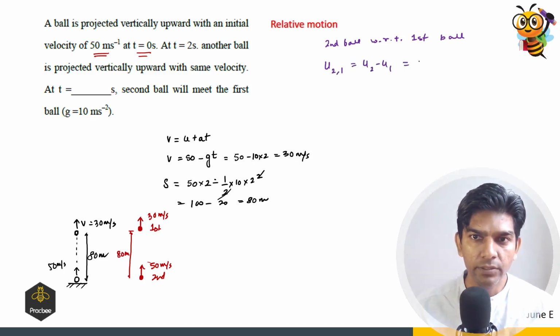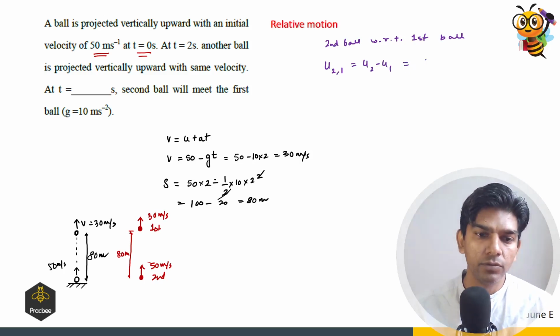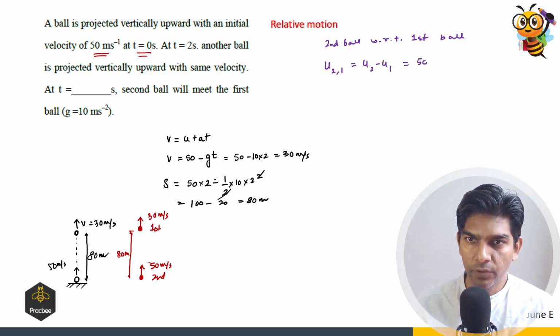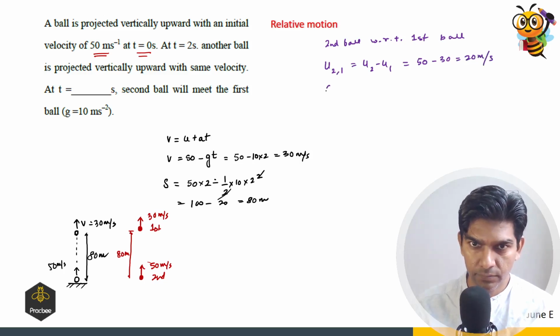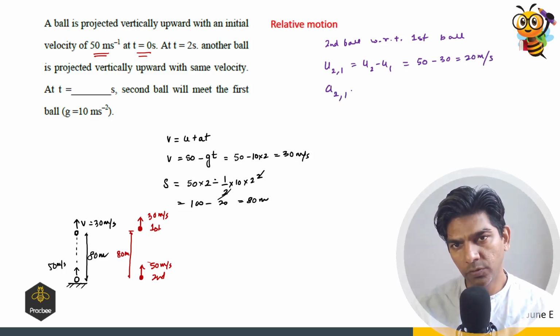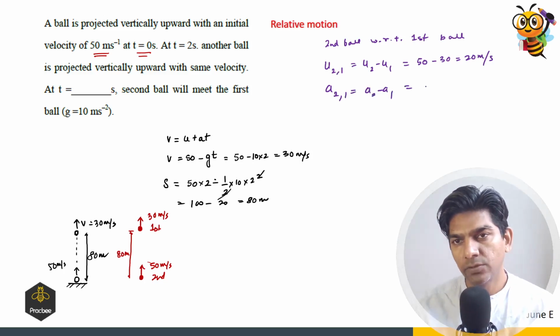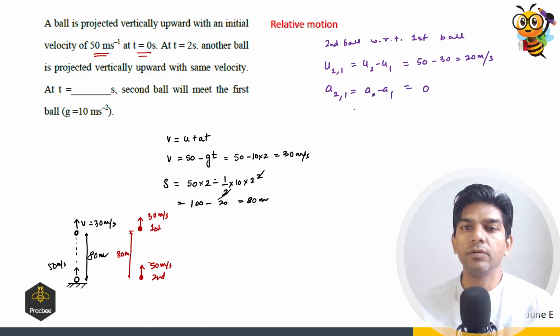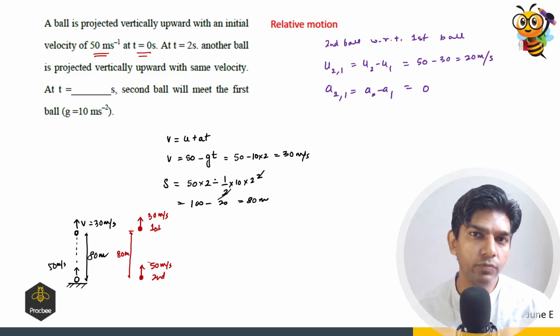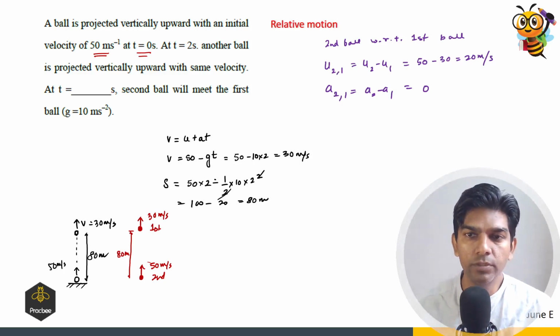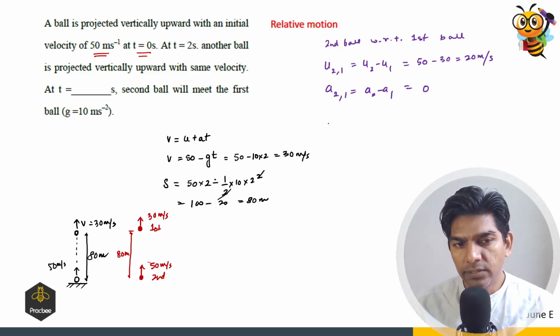Taking upward as positive, u2 is 50, u1 is 30, so that will be 20 meters per second. Acceleration of 2 with respect to 1 will be a2 minus a1, both have same acceleration g, so that will be 0. So with respect to the first ball, ball 2 is having a uniform motion, and the distance between them is 80.